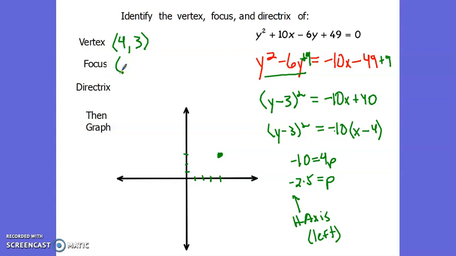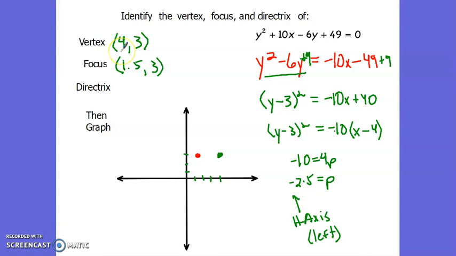Again, we're changing the x value, so I'm going to take 4 minus 2.5. I'm going to take 1.5, comma 3. So our focus will be at 1.5, 3. And then our directrix, the same idea, only now we're going to take it and subtract the negative.